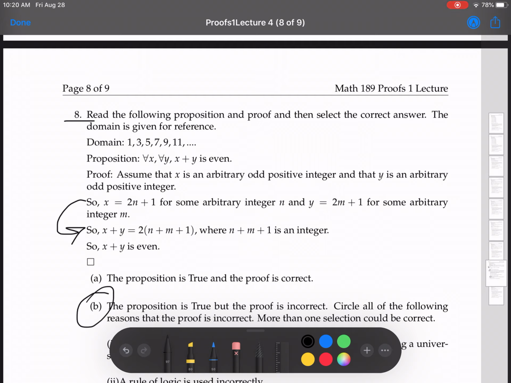Now, this whole idea of one sentence following directly from the one that came before is also somewhat of a vague notion. And I'll admit that. What seems to follow for one person may not follow for the other.